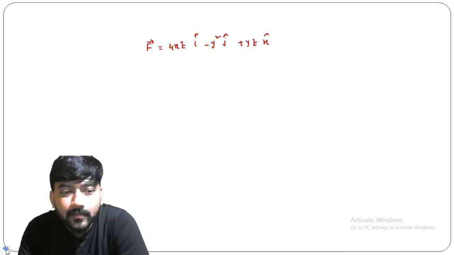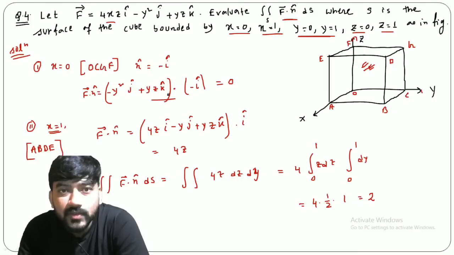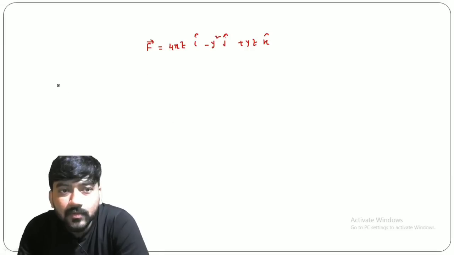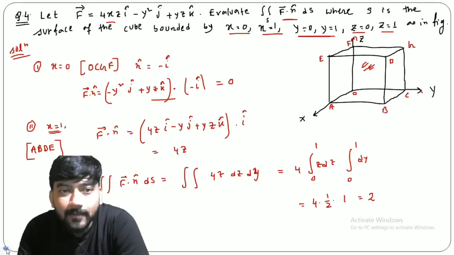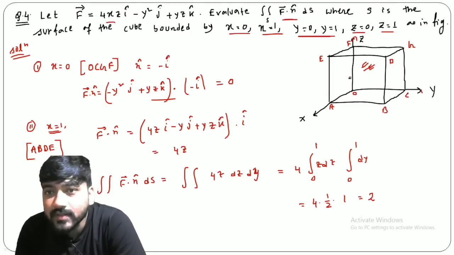Now if we talk about the y = 0 surface, what will be your F? For y = 0, these two terms will be 0, so F will be only 4xz i cap. Now if you see n cap for y = 0, what is the surface y = 0?